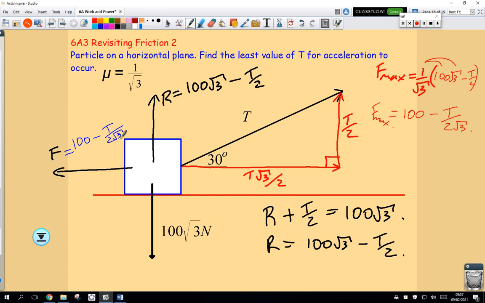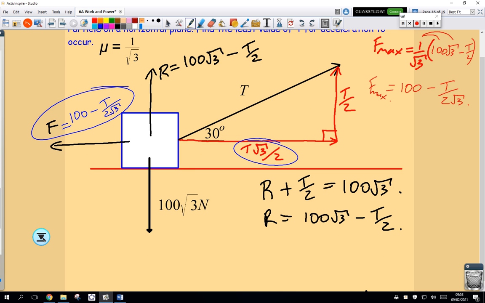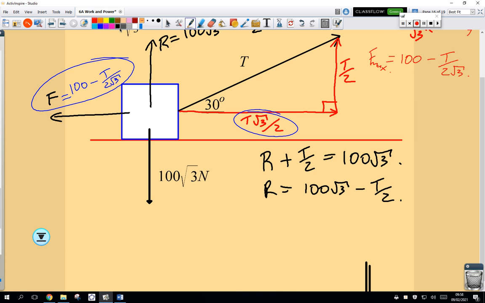Well, it will occur when the force to the right here, the tension force, is greater than the force to the left, the friction force. So acceleration will occur if and only if T root 3 over 2 is greater than 100 minus T over 2 root 3.